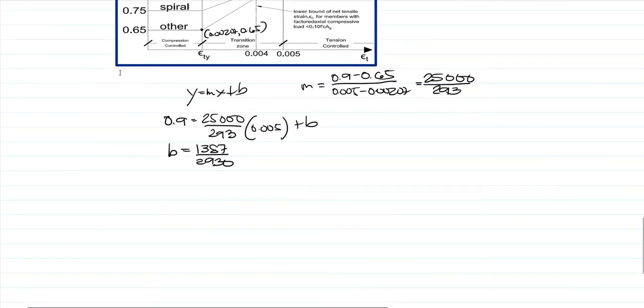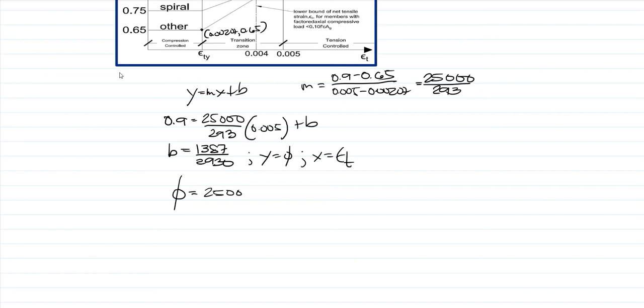So, syempre, we set y equal to reduction factor and we set x equal to the epsilon sub t. So, we can have the reduction factor equal to 25,000 over 293 times epsilon t plus 1387 divided by 2930. So, substitute lang natin yung epsilon sub t na nakuha natin kanina.